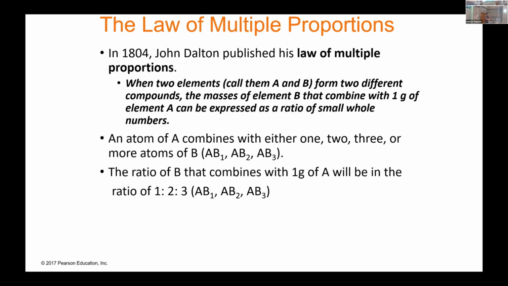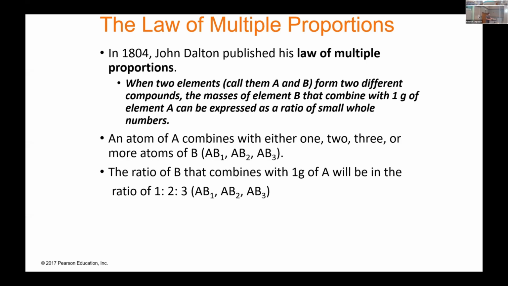But in these ratios, each one of these compounds has a ratio of the mass of A to the mass of B. Or the way they word it is the masses of element B that combine with 1 gram of element A, meaning basically the mass ratio. Each one has a mass ratio of A to B. Those mass ratios are whole number multiplicities off of each other.